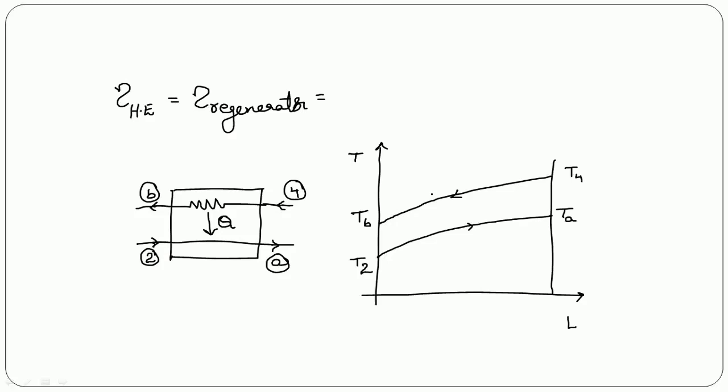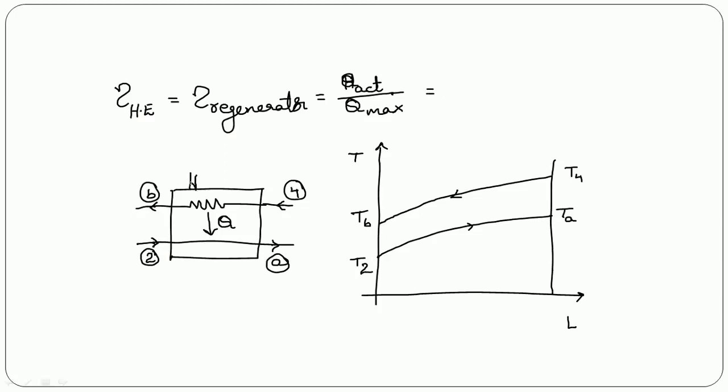Now the efficiency of the regenerator or efficiency of the heat exchanger will be actual heat transfer to the maximum possible heat transfer. Q actual by Q max will give us the efficiency of the heat exchanger. The actual heat transfer will be heat lost by the hot fluid or heat gained by the cold fluid.